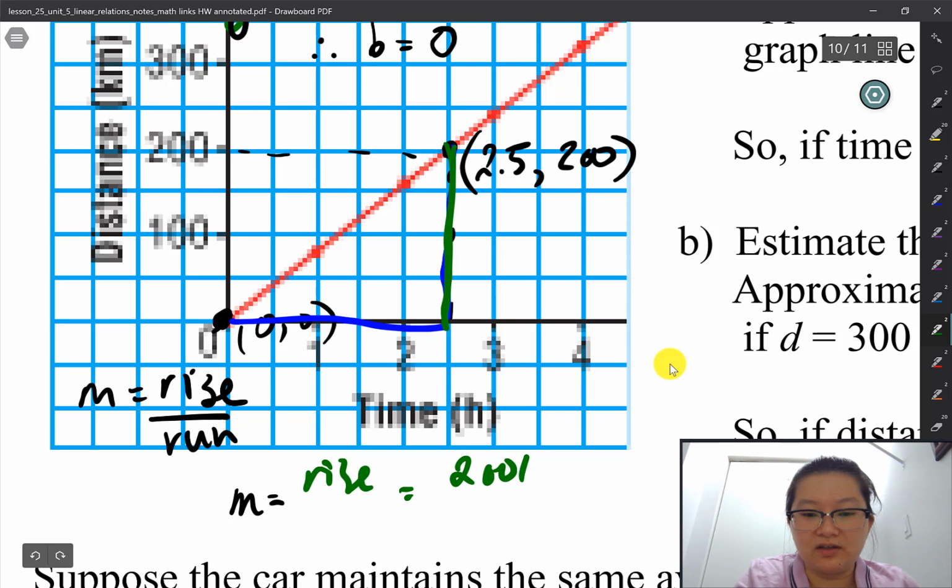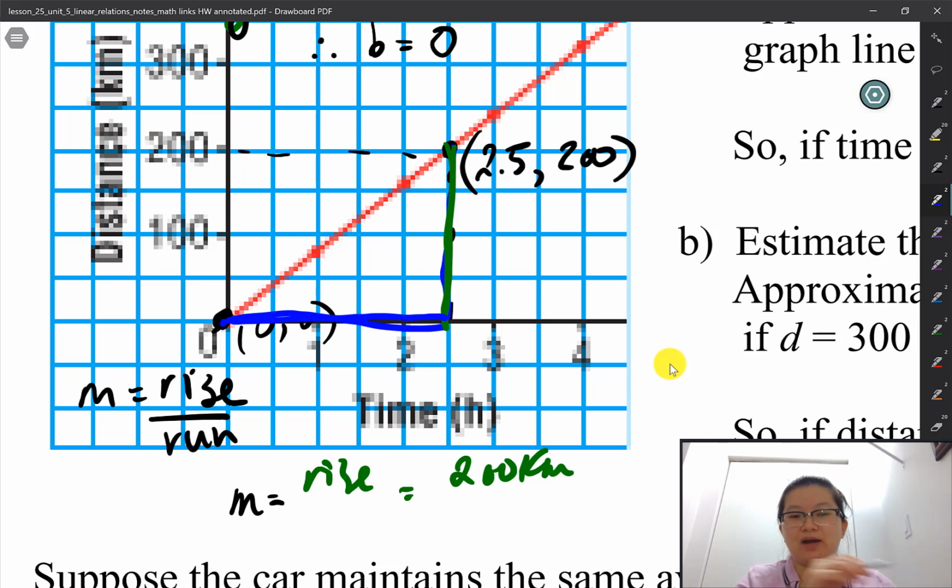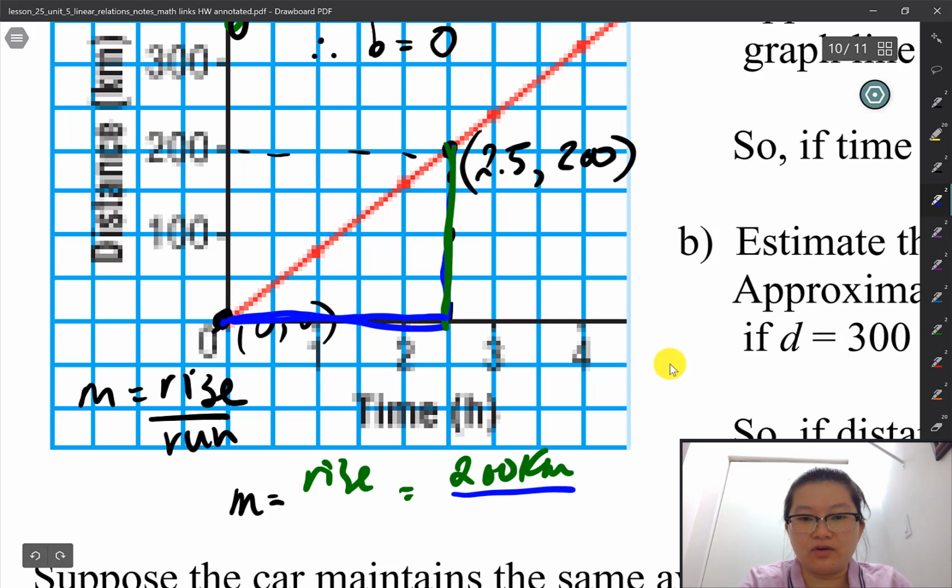So this is 200 kilometers. And my run is from my first point all the way to my second point along the x-axis. The rise is the vertical part of your triangle. So my run here is going to be 2.5 hours.